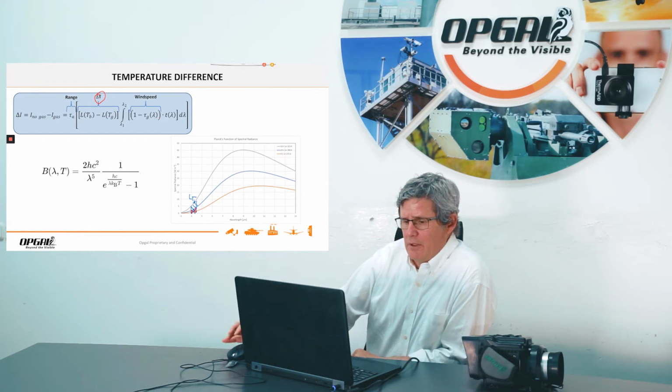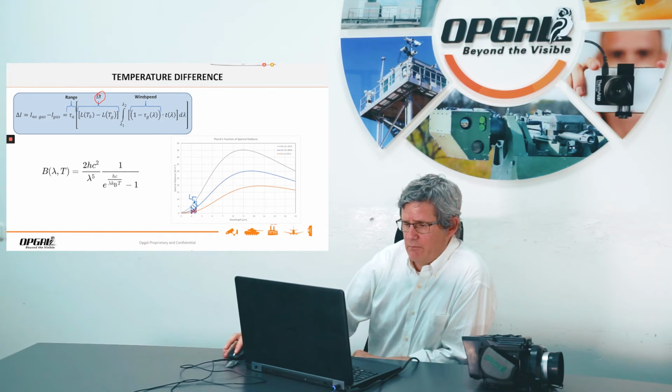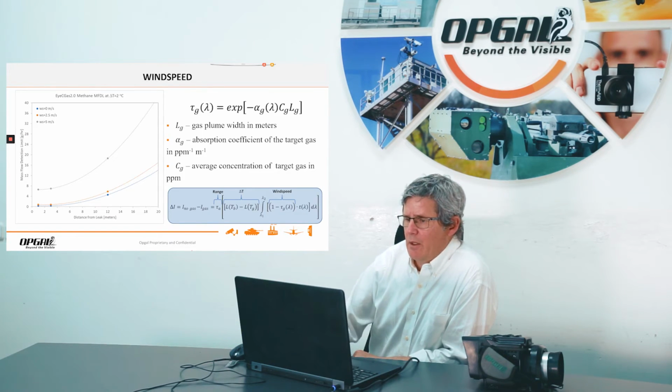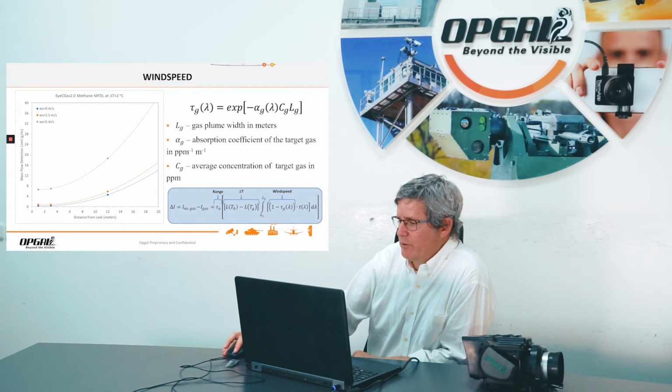And we can see that wind speed actually affecting the third part. It's actually affecting this number, the tau of G, which is larger wind speed will dilute faster the concentration, make the plume even smaller in size.